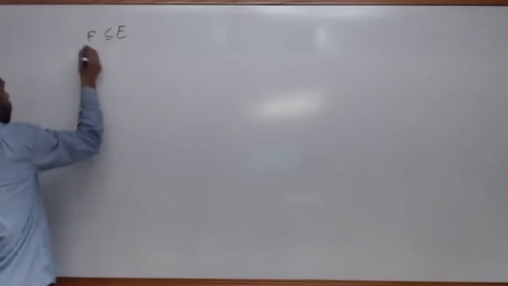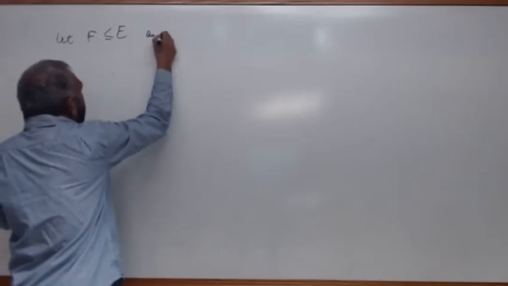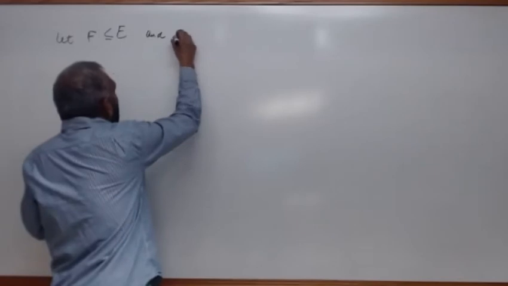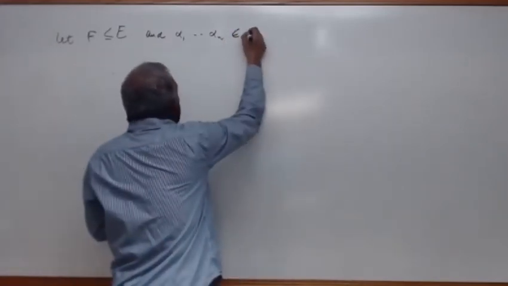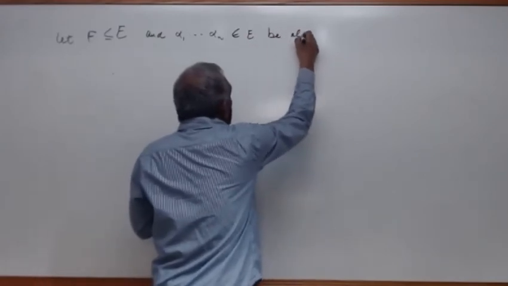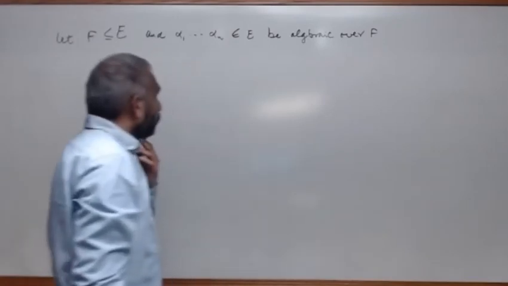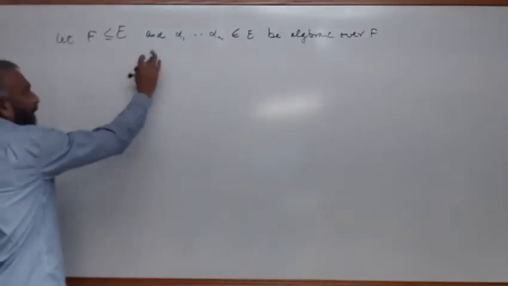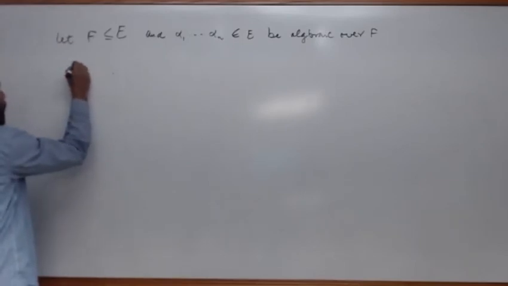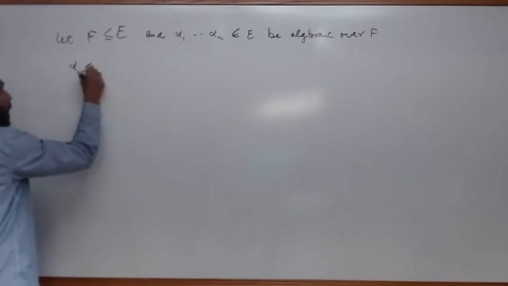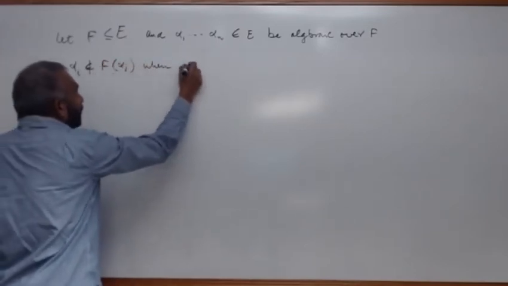E is an extension of F. E doesn't need to be algebraic, but just an extension, and let alpha 1 to alpha n be in E, algebraic over F. To avoid the trivial situation, what we are going to do is assume alpha i does not belong to F of alpha j when j is different from i.